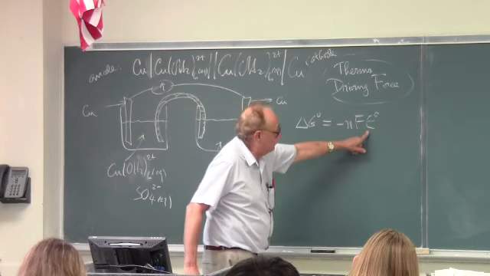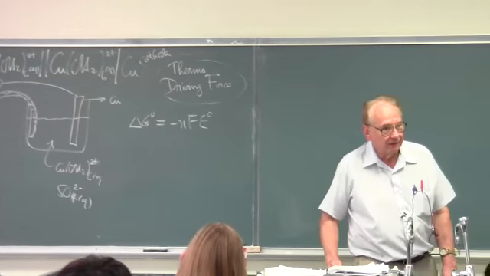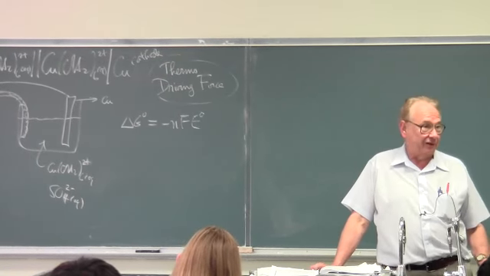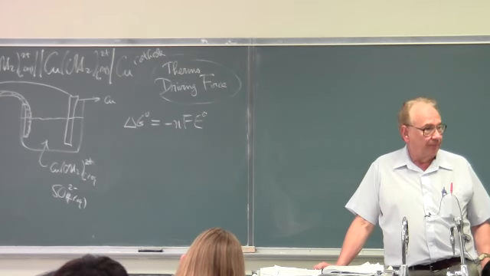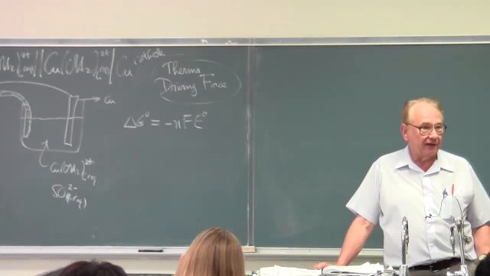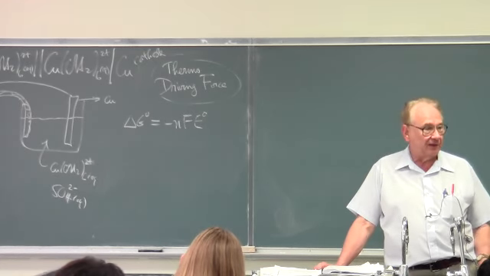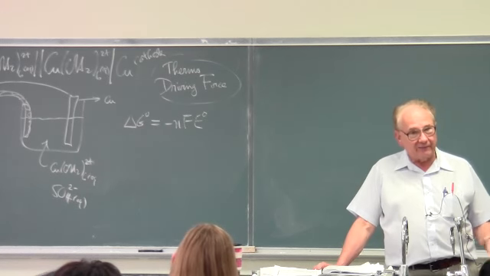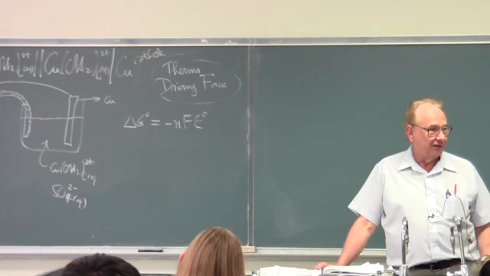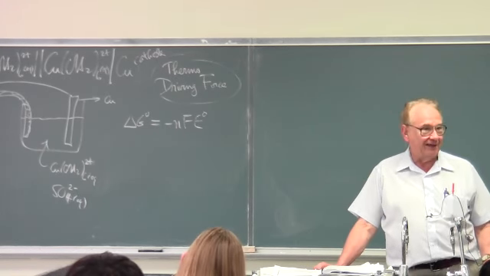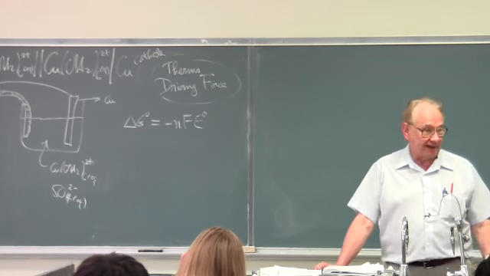Well, what's E0 for a concentration cell? 0. Delta G0 can't then be the thermodynamic driving force, can it? I mean, you got copper plus water molecules becoming hydrated copper ion and 2 electrons. You write down the standard electrochemical potential. Then the other half reaction is the same half reaction in the other direction, which means you got the same E0 value except the sign has changed. So when you add up these E0 values by coupling, you get 0. So delta G0 isn't making this concentration cell do anything.